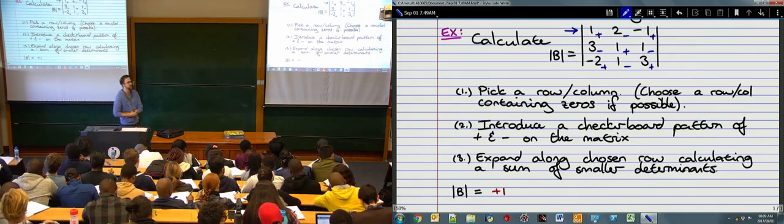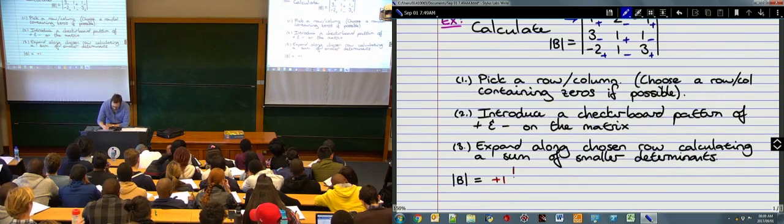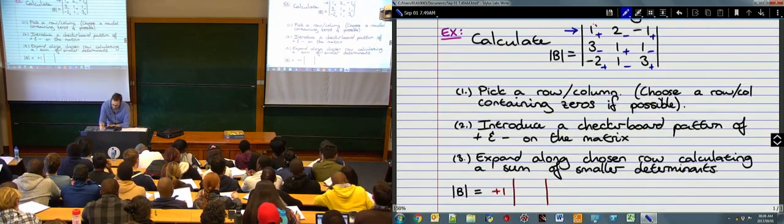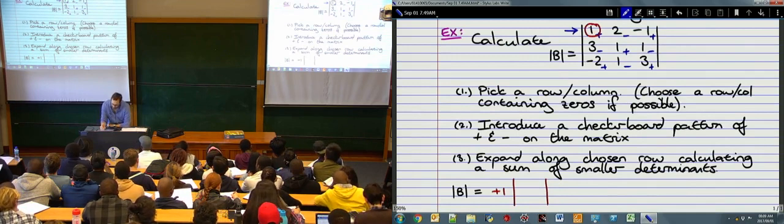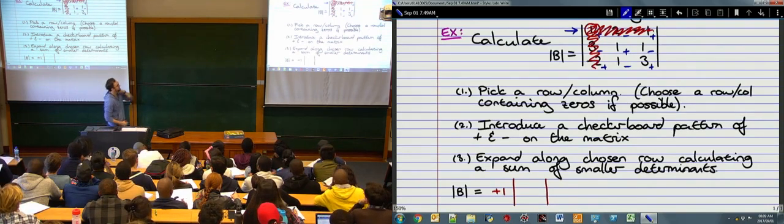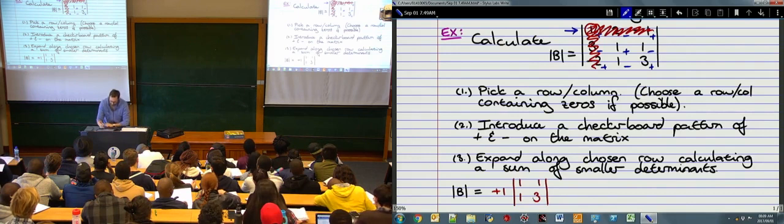And we multiply this plus 1 by the determinant of a smaller matrix. The determinant of a smaller matrix that we look at, we're looking at this plus 1, you pretend that this column and this row don't exist. So that would be 1, 1, 1, 3.